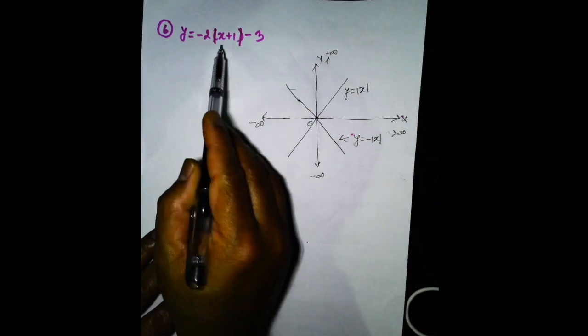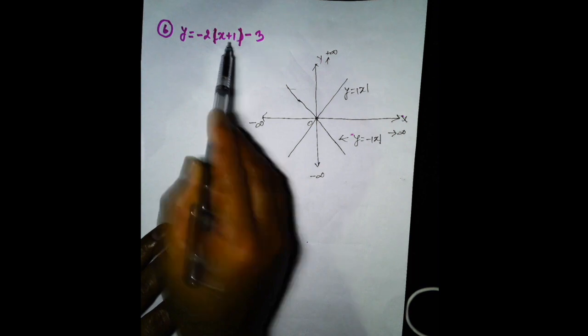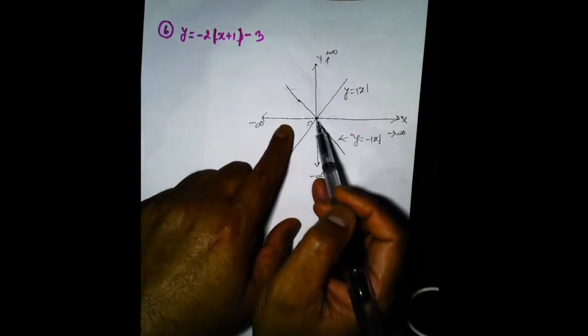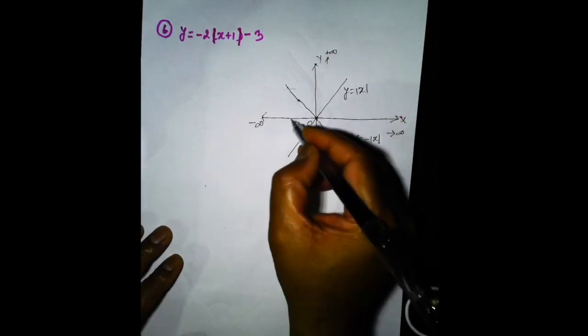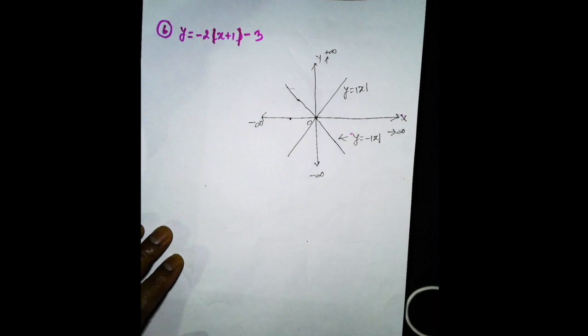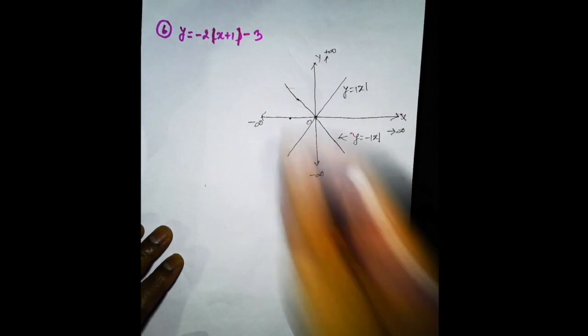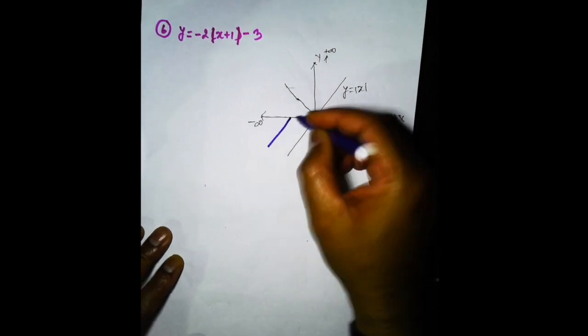Now you can see as 1 is added to x, the graph will shift 1 unit to the left from the origin along the x-axis. So your graph goes here, and in that case your graph will look like this way.